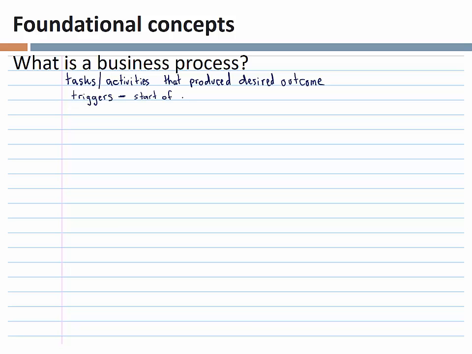So if we're going to put this together, a business process is something that is triggered in our organization that causes us to engage in tasks or activities that produce a desired outcome. Okay? This is good. As a matter of fact, we have 3 of what I would consider to be the 4 essential things here.